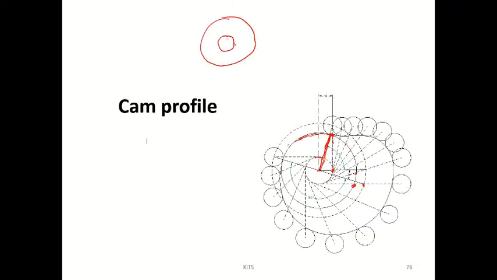Then draw a vertical line from the extreme point of the weight. Draw a vertical line and mark that point as O or 0.